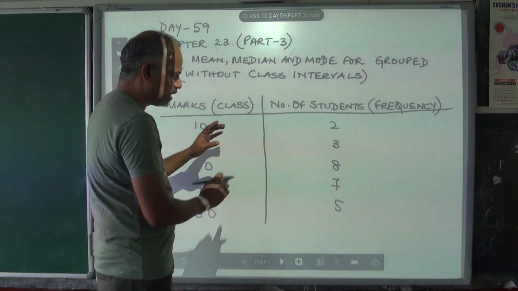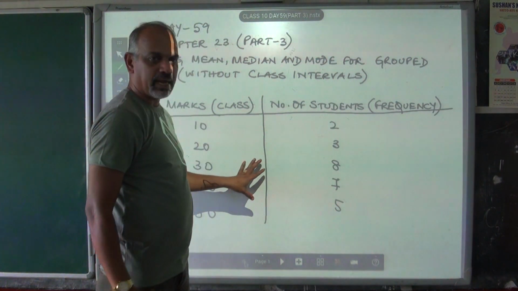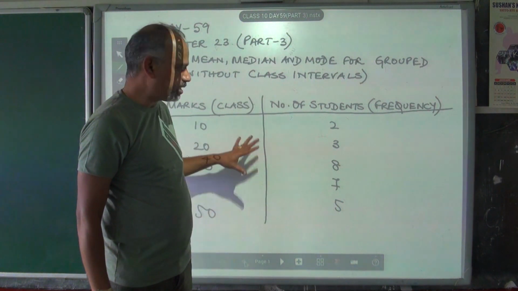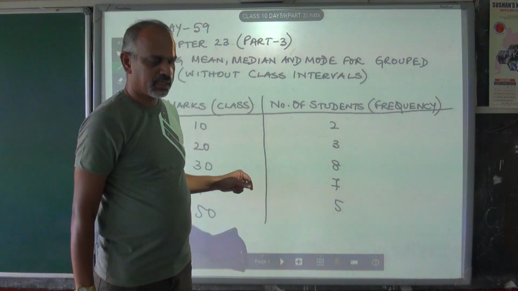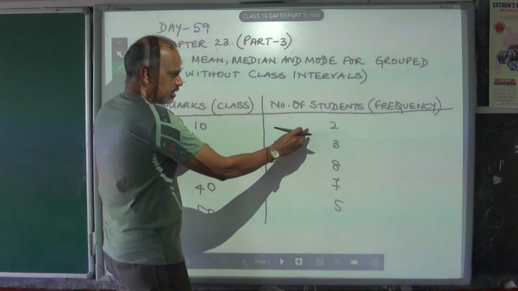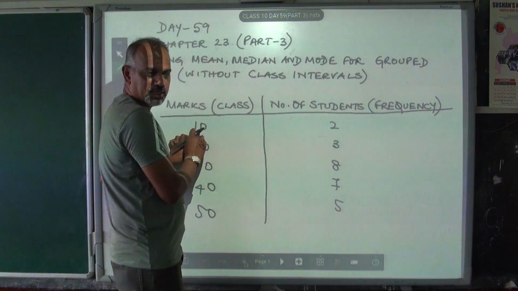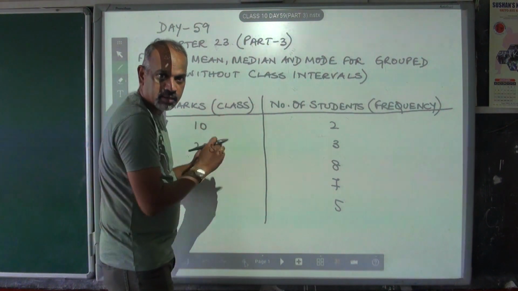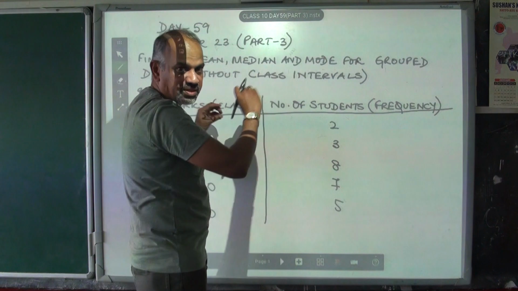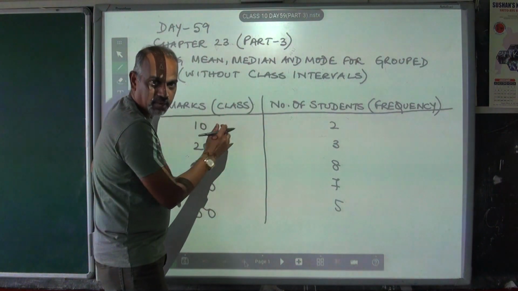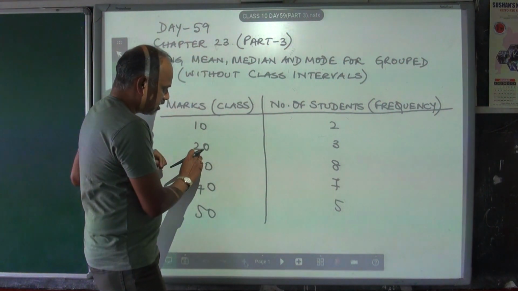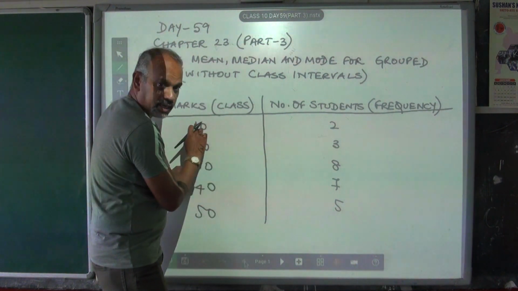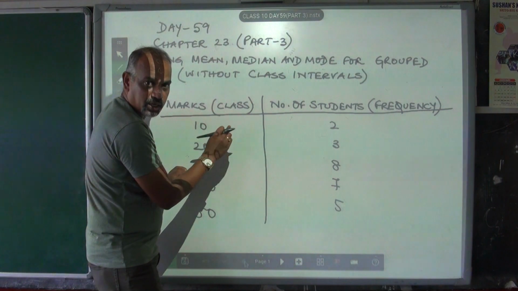Actually, if you notice, this table and the raw data are almost the same. Only thing is, this is in tabular form. I said there are 2 students who got 10 marks. If you have to write them as raw data, it will be 10, 10, one after the other, because 2 students got 10. 3 students got 20, so it will be 10, 10, then 20, 20, 20.